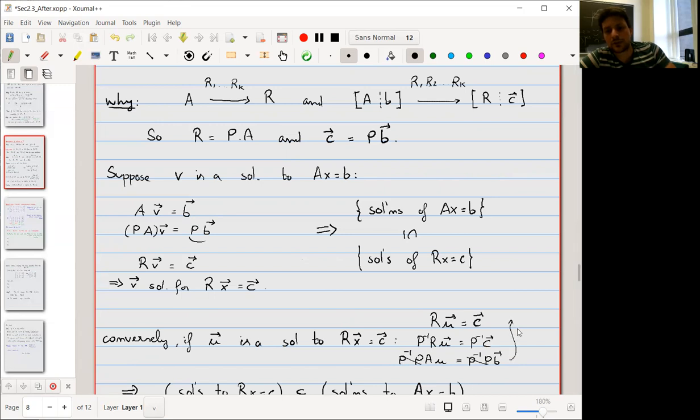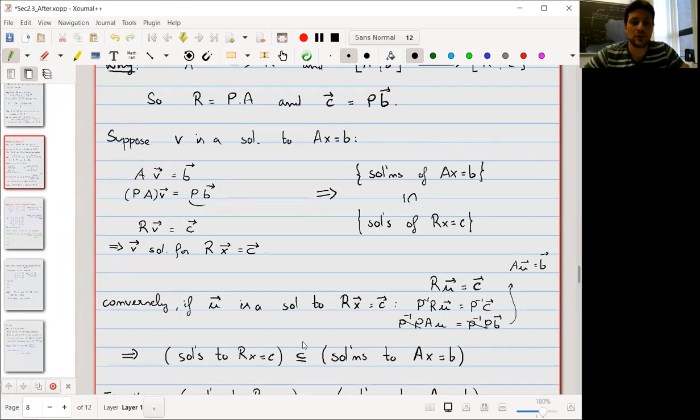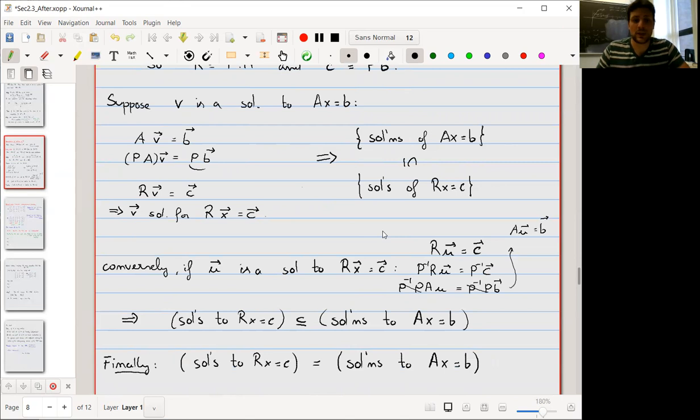So the final result from here is that AU is indeed equal to B. What we showed at this stage is that the set of solutions to RX equals C is contained in the set of solutions to AX equals B. We showed that both sets contain one another, so we can finally conclude that they're the same set. This is the first consequence of the existence of an invertible matrix.